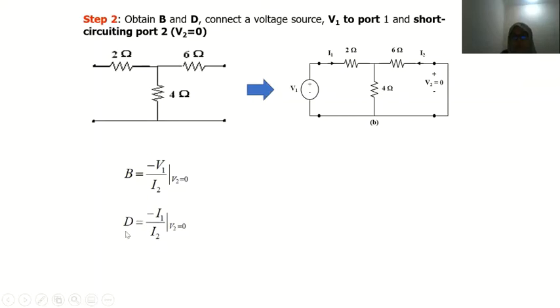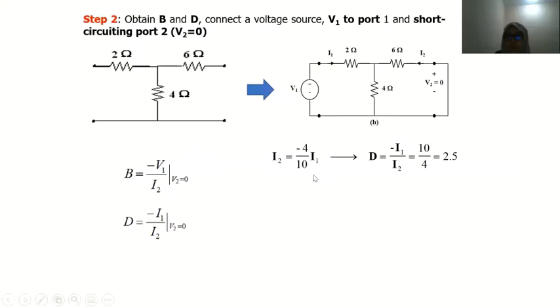You get this from the general formula by putting V2 equal to 0. From this equivalent circuit, by using the current divider rule, your I2 is equivalent to 4 divided by 6 plus 4 times minus I1, because your I1 and I2 are in opposite directions to each other.